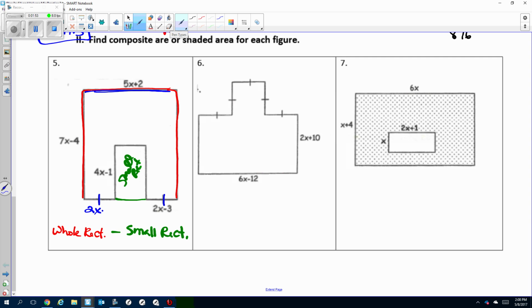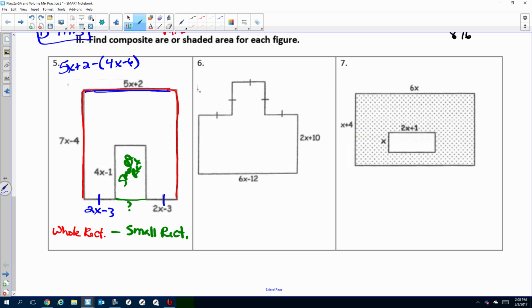So I could use the whole length and subtract to get to my missing part, because then I can use the dimensions of the small rectangle. So I'm taking the 5x plus 2 minus the sum of those tick mark sizes, which becomes 4x minus 6.